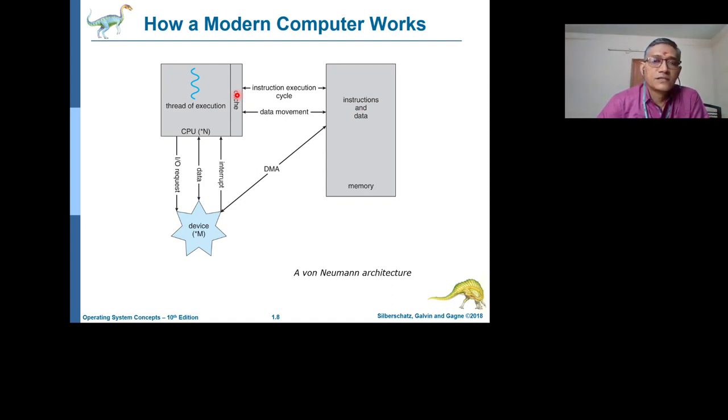These three cycles are very important during any program execution. This typical architecture is the von Neumann architecture, where the instruction and data reside in a single memory. There is another kind of architecture known as Harvard architecture, in which there is a separate instruction memory and separate data memory.